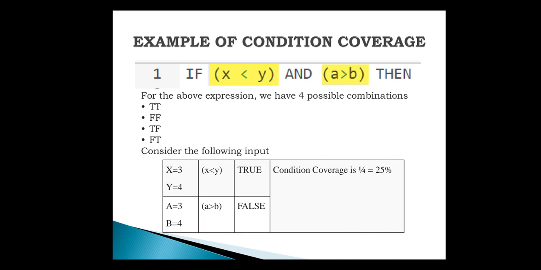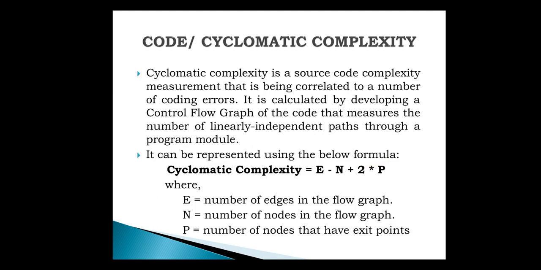And the second condition, a is equal to 3 and b is equal to 4, and the condition is a greater than b, so here the condition is going to be false. So the actual condition coverage is 1 of 4, meaning out of 4 conditions only one condition is true. That's why your condition coverage is 25% only.